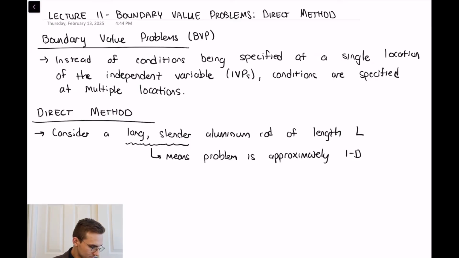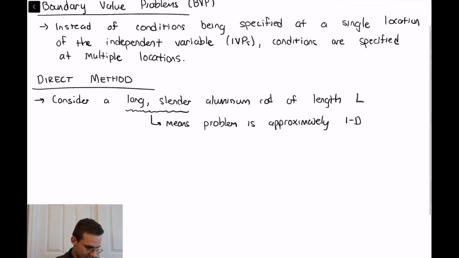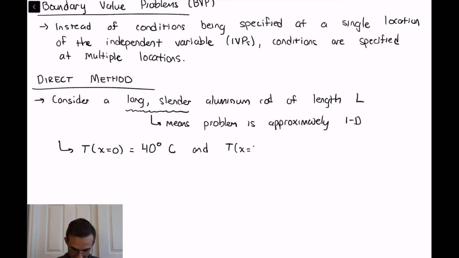And what we will have is that the temperature at x equals 0, at the left hand side of the rod, is equal to 40 degrees Celsius, and the temperature at x equals L, the right hand side of the rod, is equal to 200 degrees Celsius.